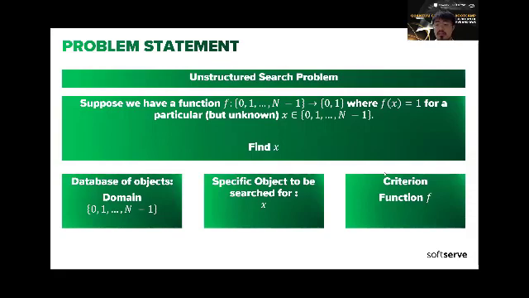Does this x where f(x) equals 1 have to be unique? For this particular problem, for now I'm going to say yes. Grover search can be used. The Grover search algorithm I'm going to go through is specifically for when x is unique.